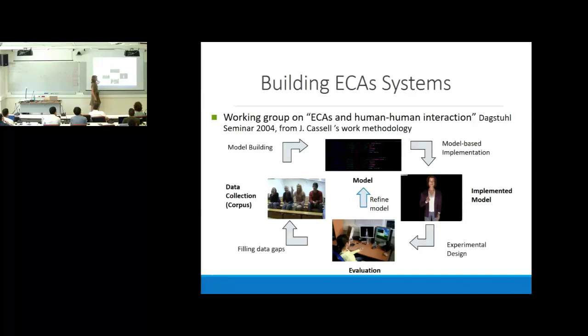You build your models, you implement them, and after you evaluate them. And from your evaluation, you find that, of course, you have gaps, and you haven't really reproduced what you found in your data. So it's an iterative process. You go back to your data, find out what was missing in your analysis or in your implementation, and go back and forth.